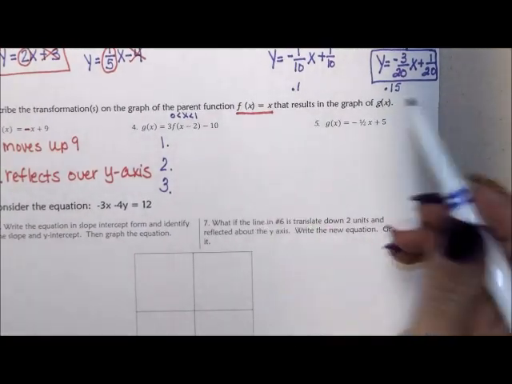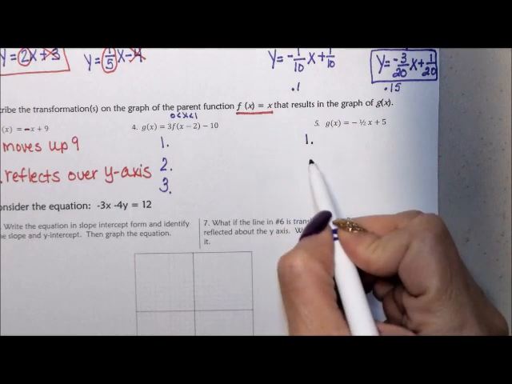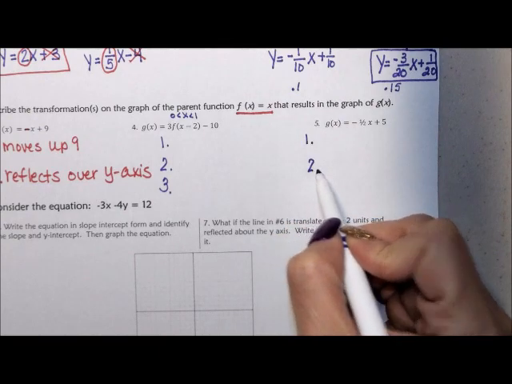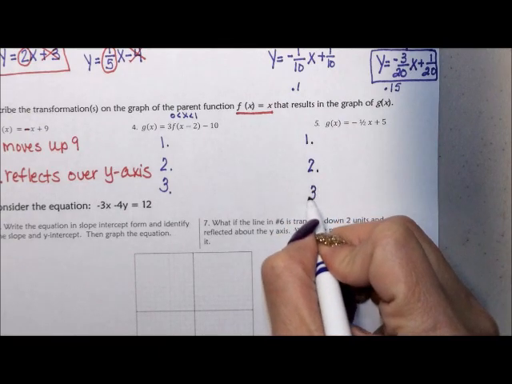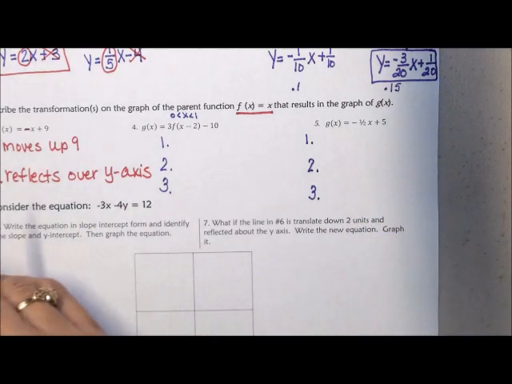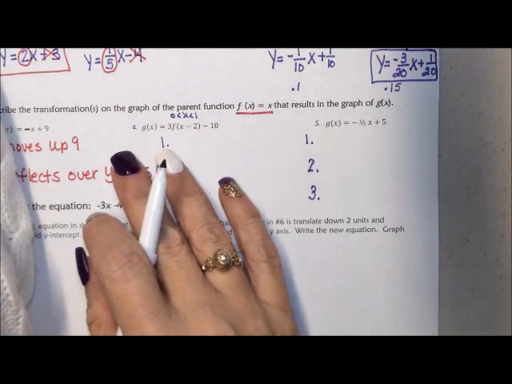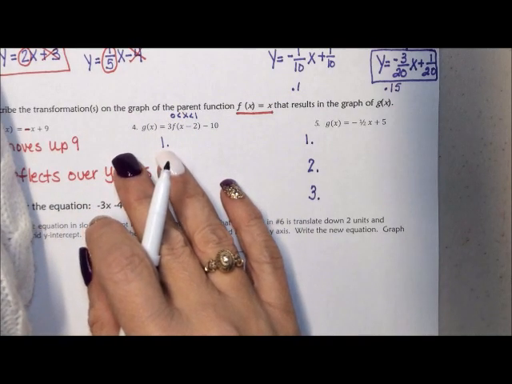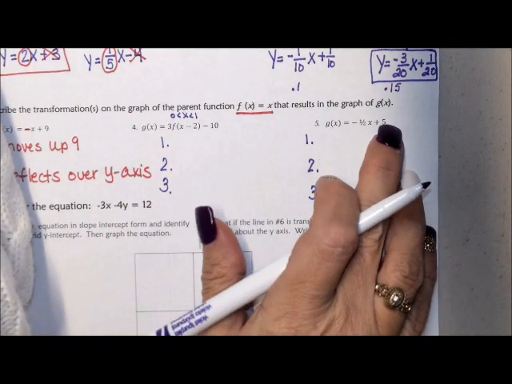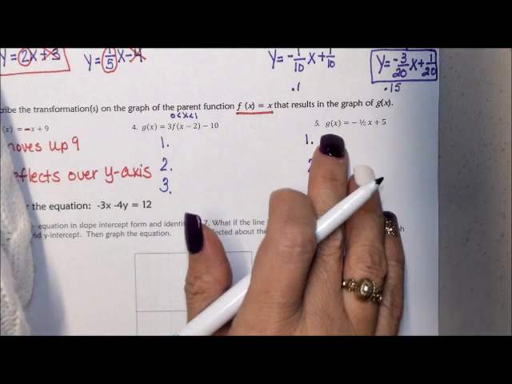I'm going to tell you on number 5, there is 1, 2, 3, just 3. See if you can get all 3 of those. I'm going to give you about 10 seconds. All right, what does the 5 do?